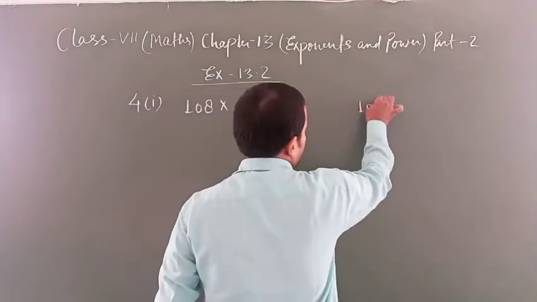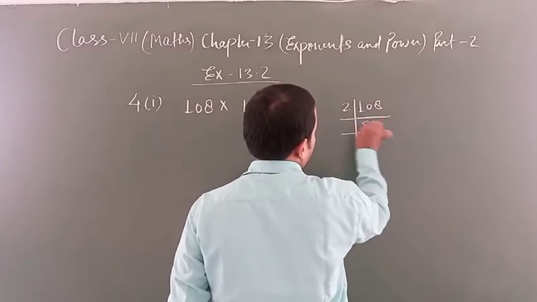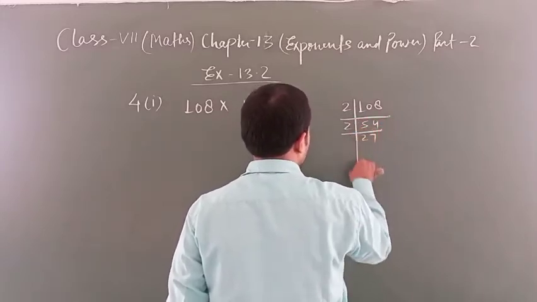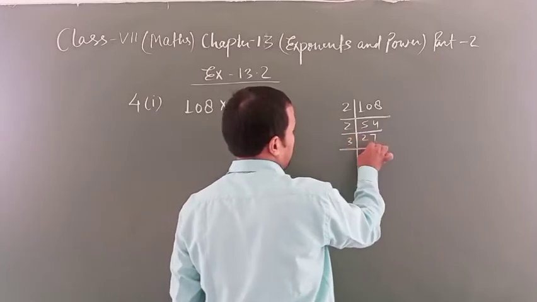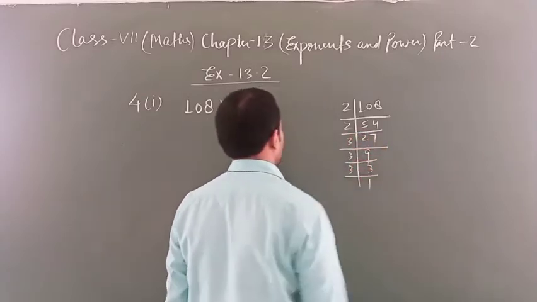Find that. 2 5 10 2 4 2 2 4 2 7 20 3 9 27 3 3 9 3.